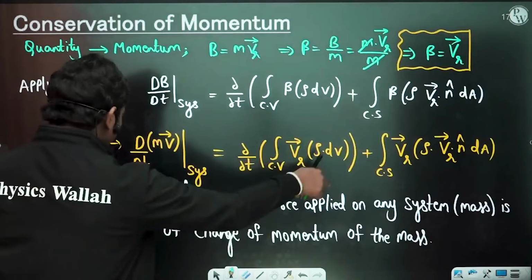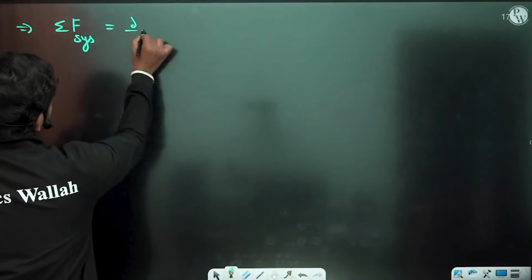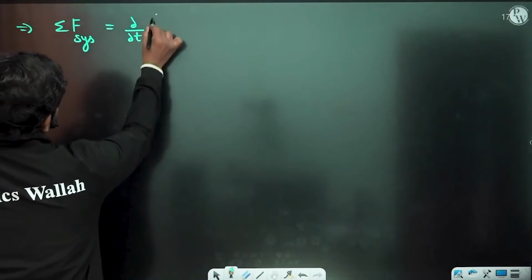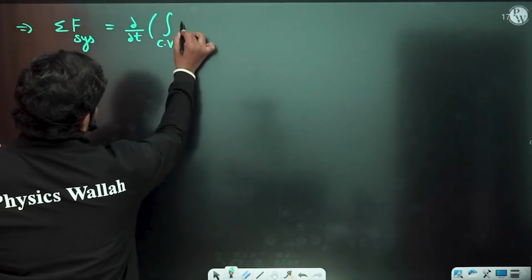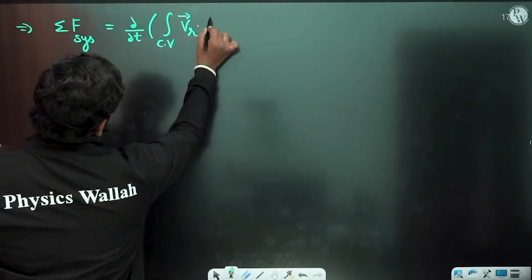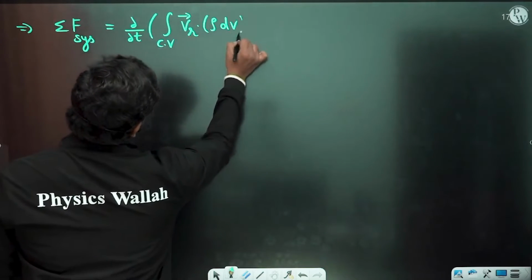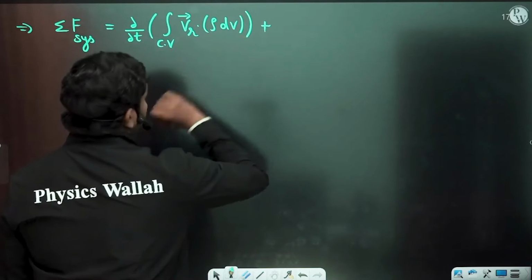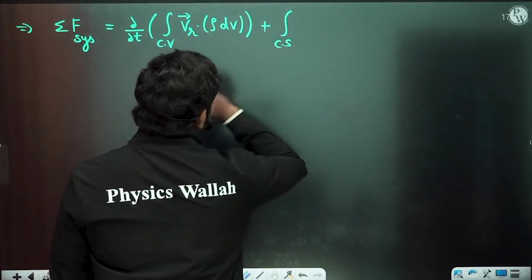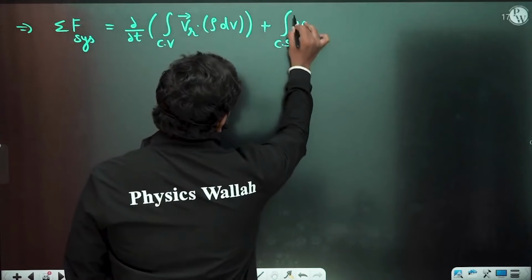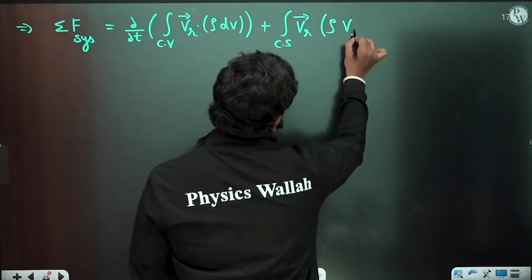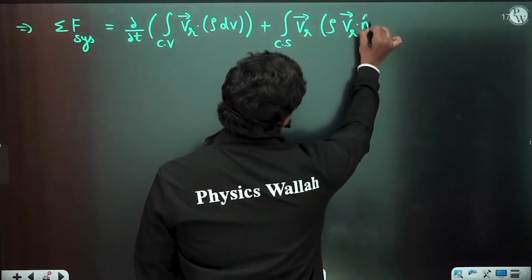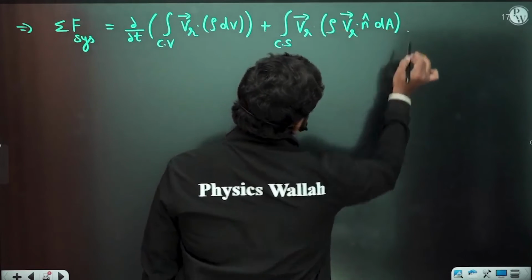Okay, so the net force acting on the system is equal to dou by dou t of the integral over the control volume of the velocity vector times rho dV, plus the integral over the control surface of V r bar, here also it's relative velocity, dot rho V r bar dot n cap dA. So this is what you have.